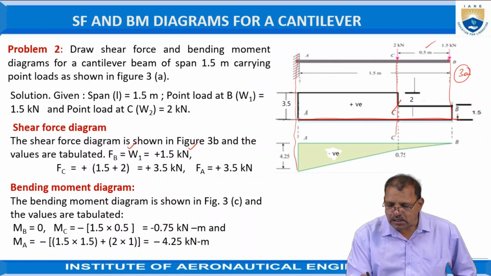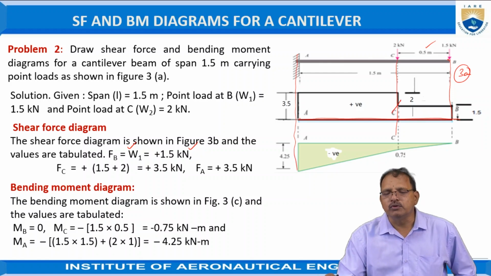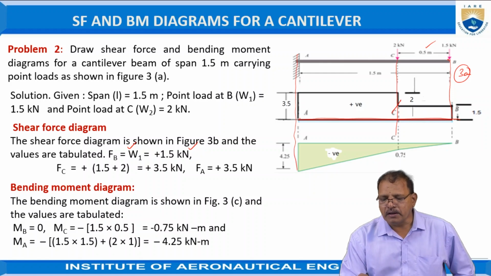But at C, because the 2 kilonewton force is acting, the shear force suddenly changes its value vertically from 1.5 by an additional 2 kilonewtons. That is, the total force is 1.5 plus 2 equal to 3.5 kilonewtons. Draw the horizontal line up to the point C to represent the force of 1.5 kilonewtons.